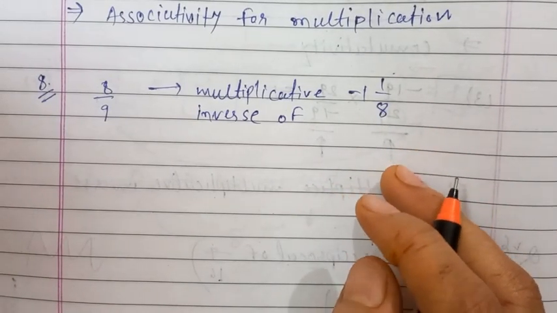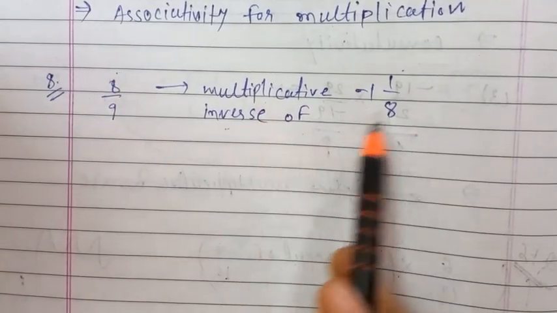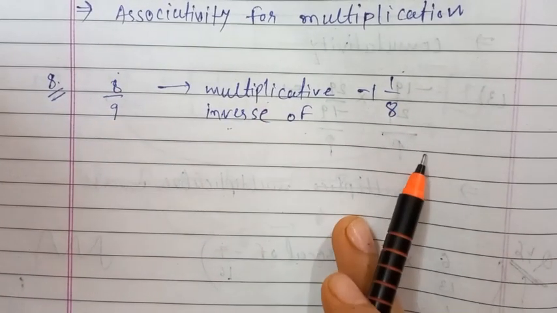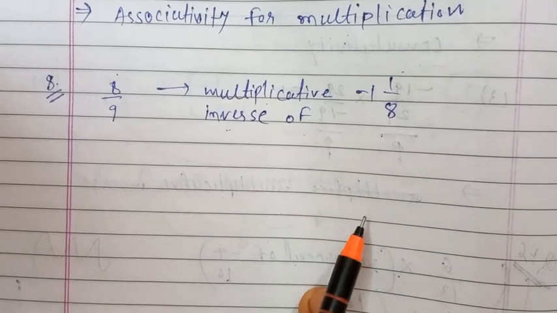Why or why not? If 8 by 9 is the multiplicative inverse of minus 1 by 8, then say why, and if not, then why not. We have to say this.